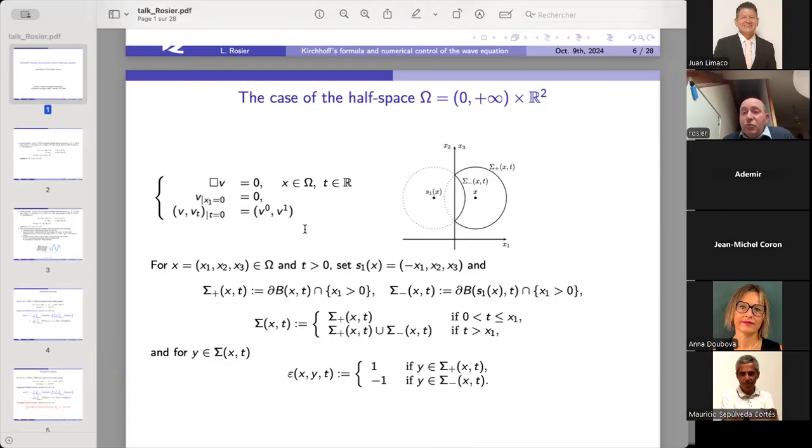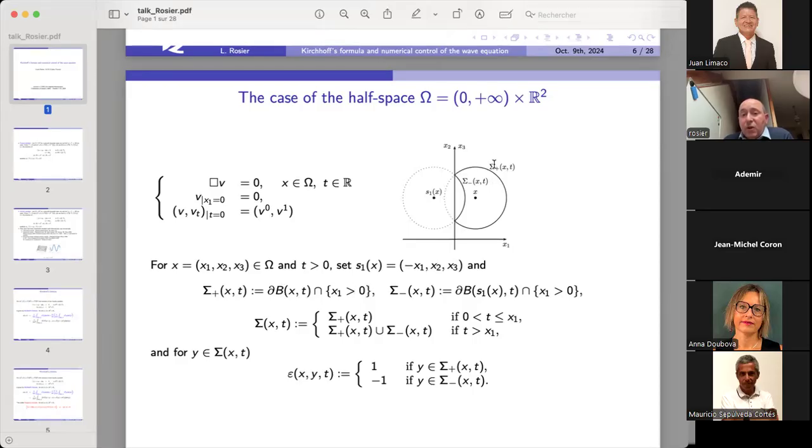So I have to introduce a few notations, but these notations will be useful later on, so I think it's worth spending some time on that. If x is a point, we write S1 of x for the symmetry of x with respect to the plane x1 equals 0. So it is this point here. We make this symmetry. We denote by sigma plus the intersection of the sphere centered at x and of radius t with the half space x1 strictly positive.